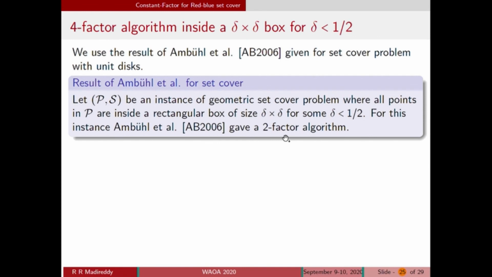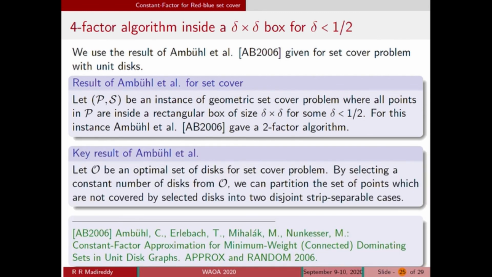So the main result of Ambul et al. is, if you are given an optimal solution, by selecting a constant number of disks from it, this constant is less than 5 or 6, one can partition the set of points which are not covered by the selected disks into two disjoint strip separable cases.